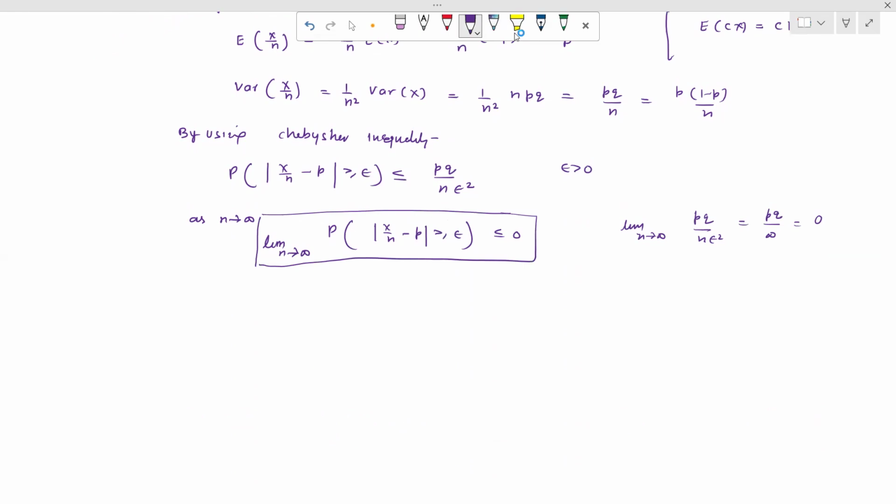Basically, we write this as equal to 0 as n tends to infinity. This is the Bernoulli law of large number.